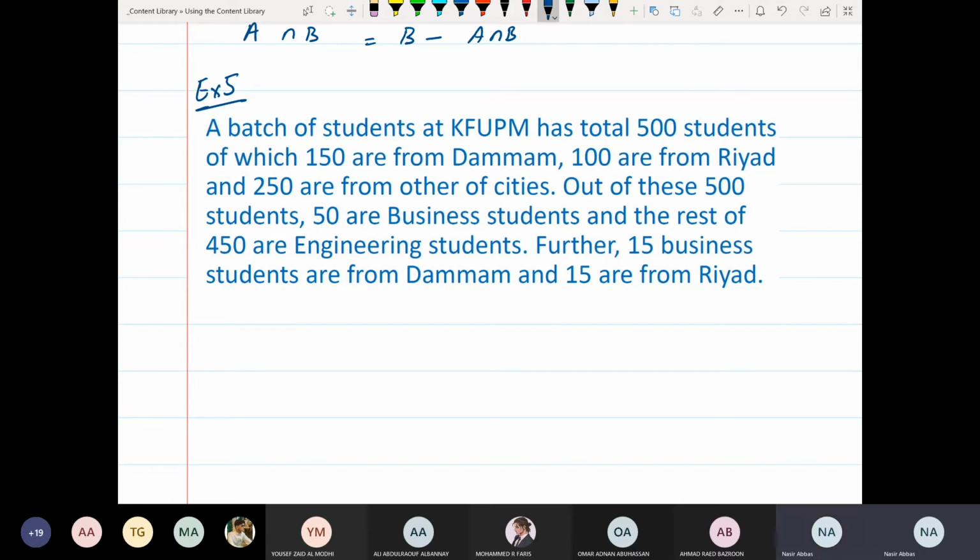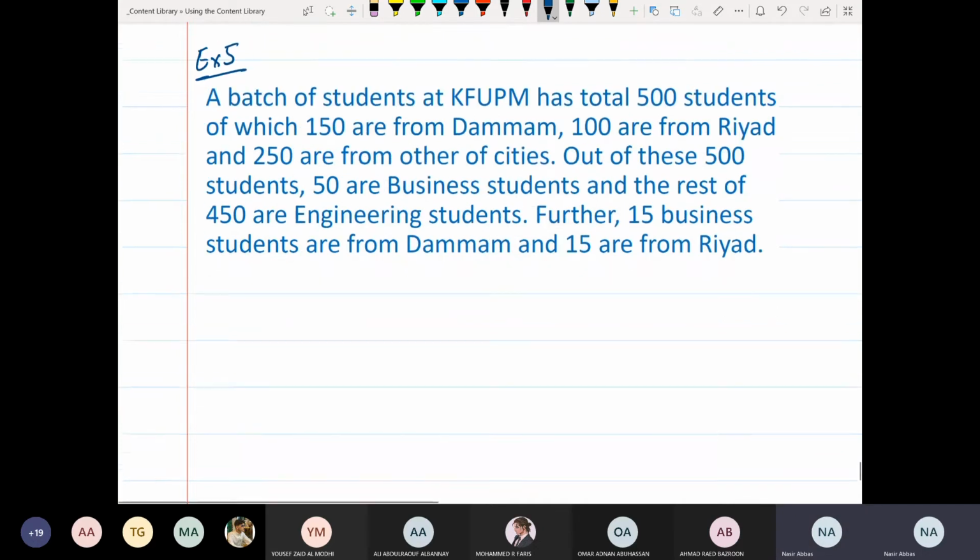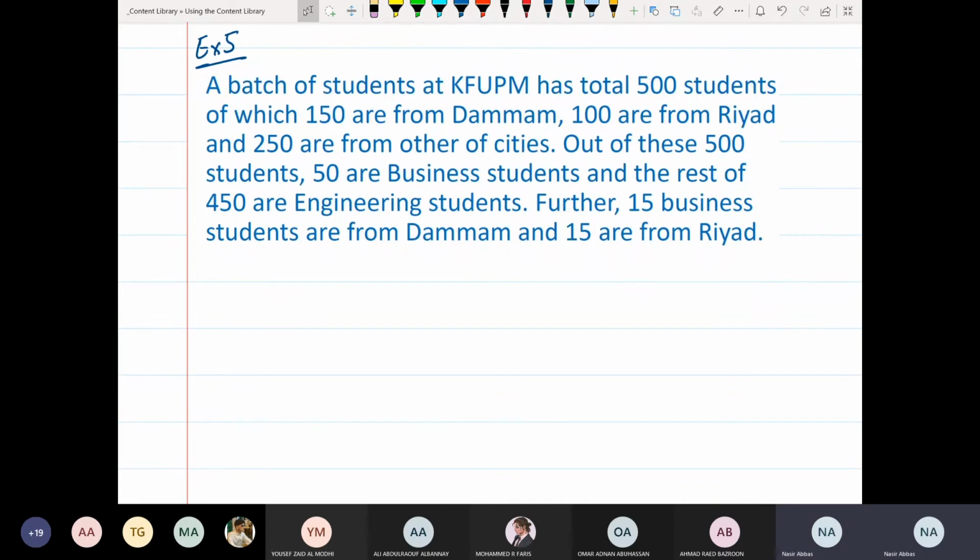Let me summarize this information and I will show you how some of the missing values in the table can be filled. Now I have a two-way categorization, so I will have a two-way table. This is called a two-way contingency table.